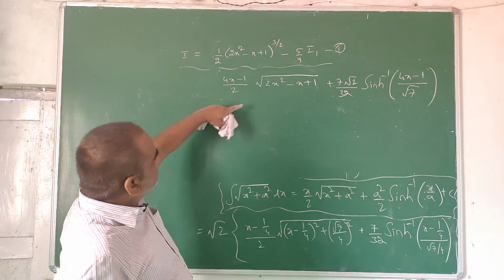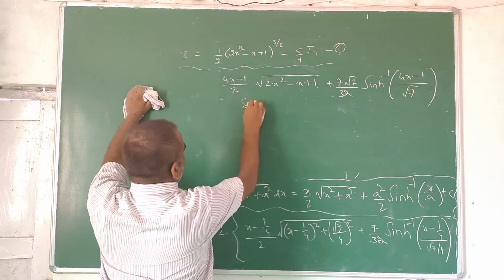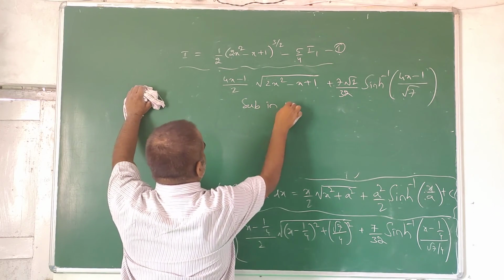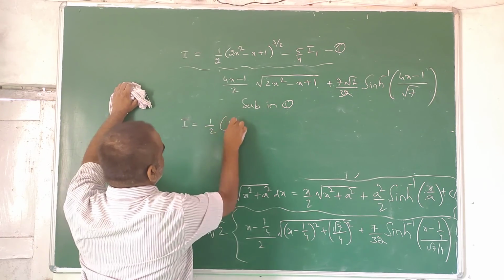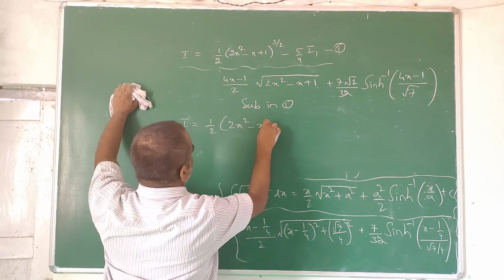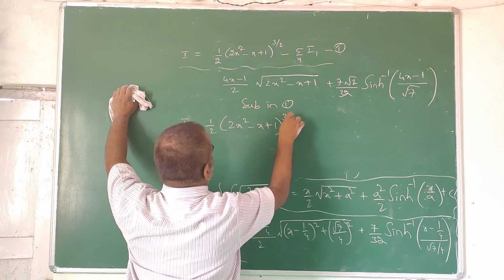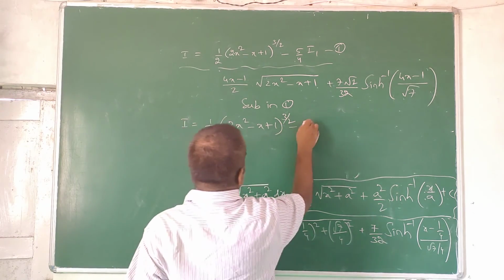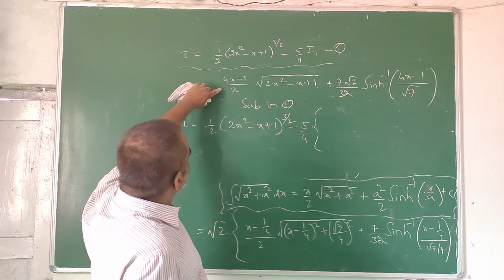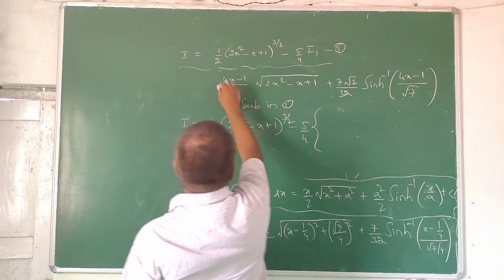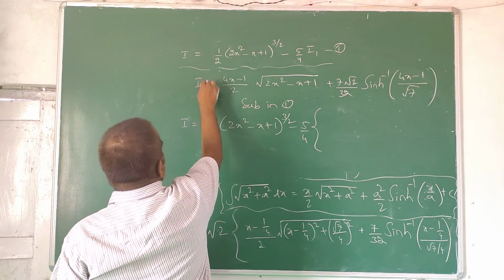So now you substitute this in 1. So substituting in 1, you get I is equal to 1 by 2 into 2x square minus x plus 1 whole to the power of 3 by 2 minus 5 by 4 into I1. I1 is this. We are simplifying I1 only, no?